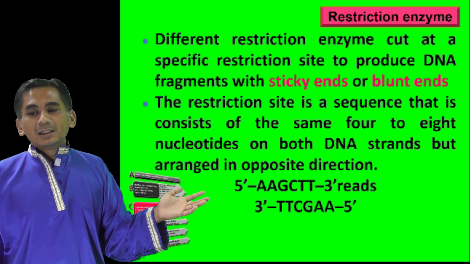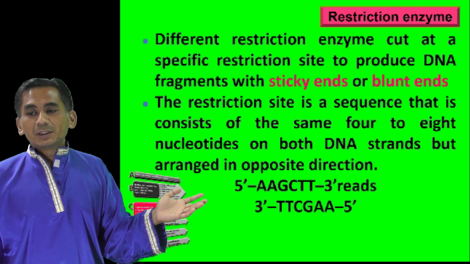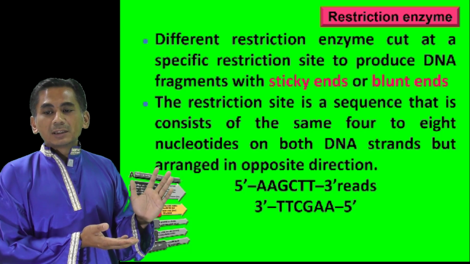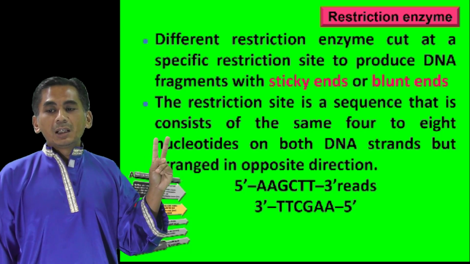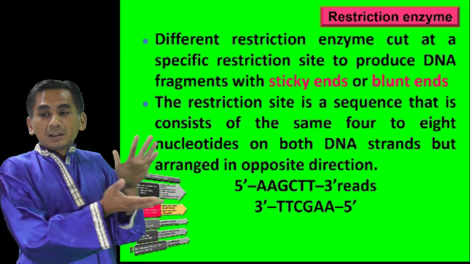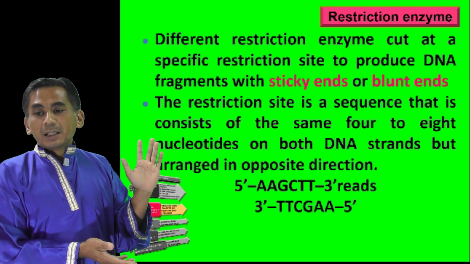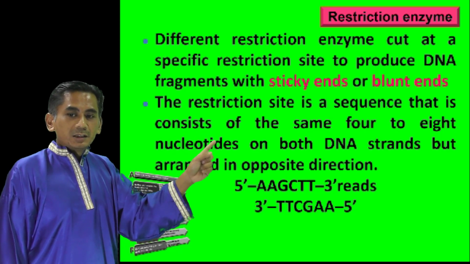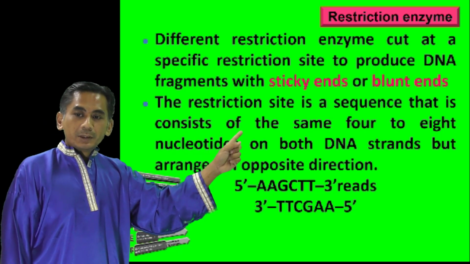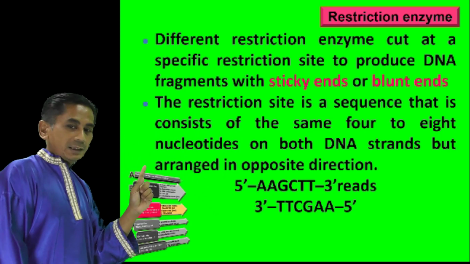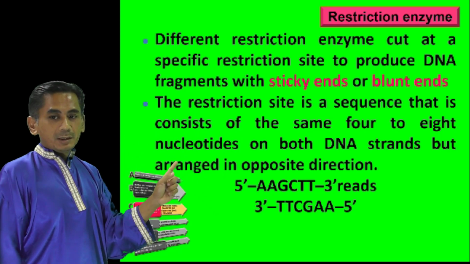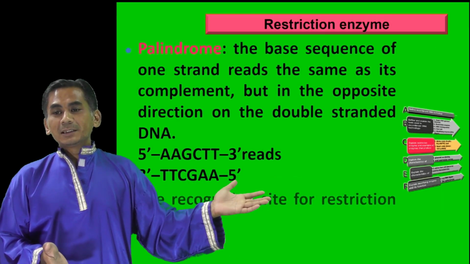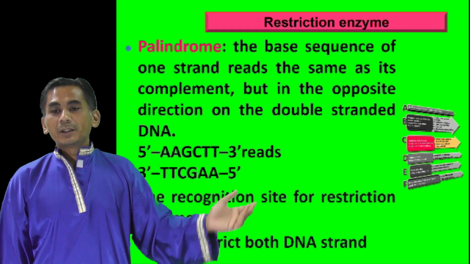The recognition site is a sequence that consists of the same 4 to 8 nucleotides on both DNA strands but arranged in opposite direction. 5 prime A G C T T 3 prime reads, while the opposite side is 3 prime T T C G A 5 prime. The sequence of the recognition site is a palindromic sequence.